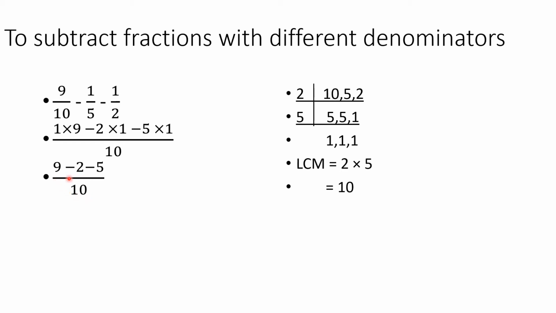We will solve this. At first 9 minus 2 equals 7. 7 minus 5 equals 2. So 2 by 10. And we know that we can simplify this by dividing by 2. So 2 divided by 2 equals 1 and 10 divided by 2 equals 5. So 1 by 5.